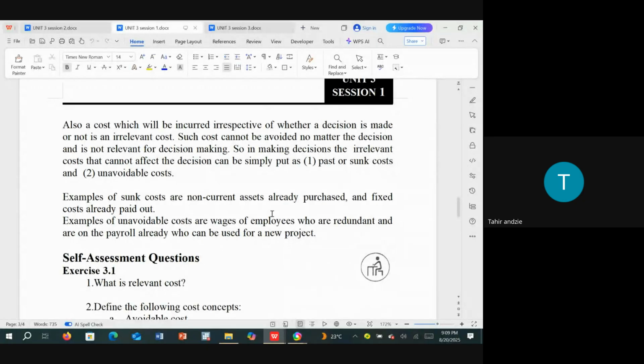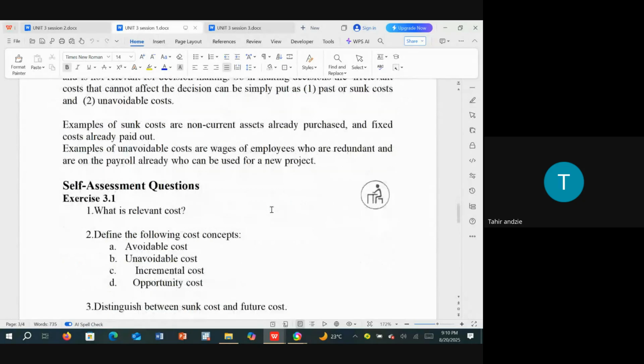You have already employed them, and so whether they get work to do or not, you have to pay them. So it becomes a committed cost. Likewise, wages of employees who are redundant and already on the payroll, who can be used for a new project: whether you use them for the new project or not, you will still pay them. So that is an irrelevant cost.